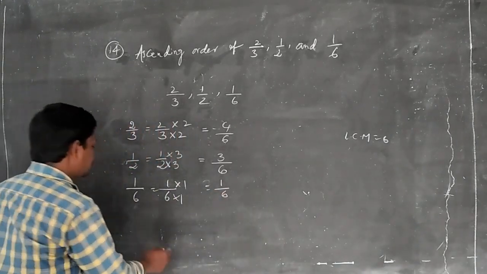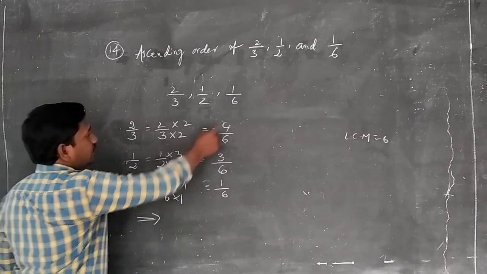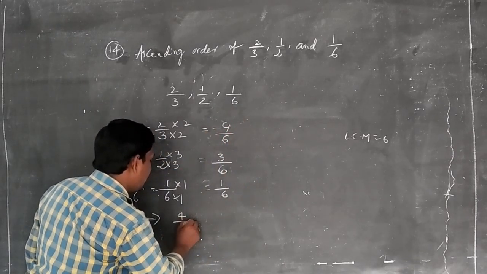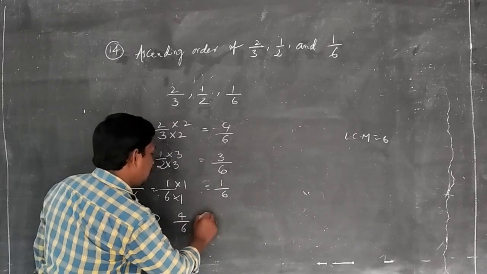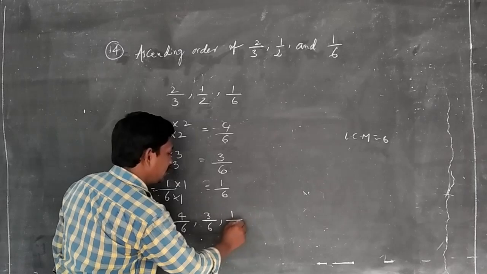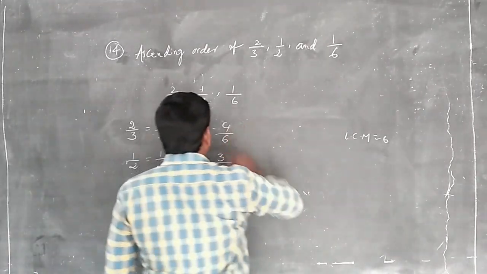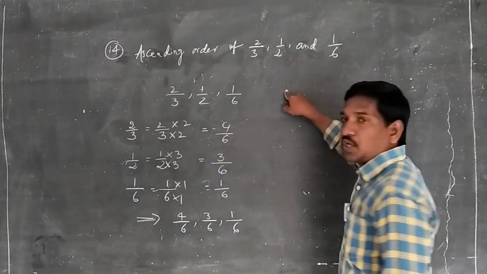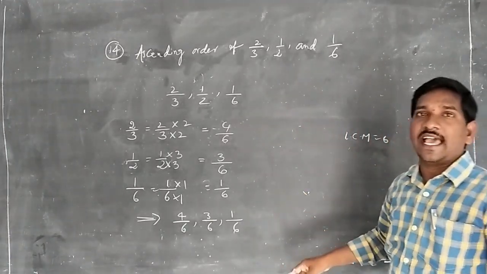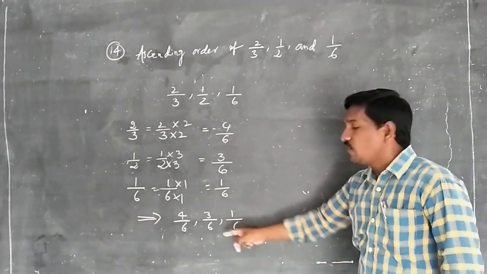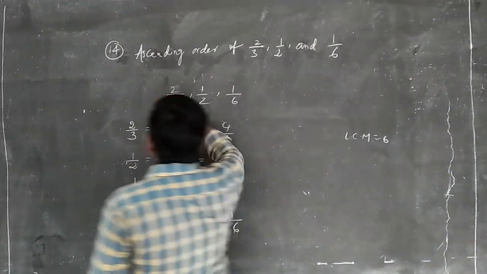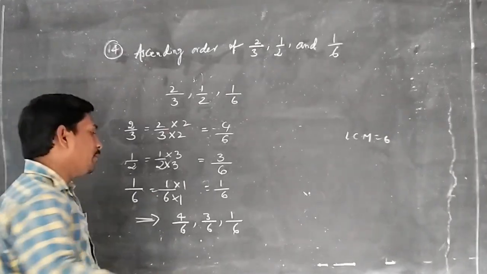Now write the obtained fractions: 4 by 6, comma 3 by 6, comma 1 by 6. Just observe all the fractions. The given fractions are converted into like fractions. Like fractions means fractions that have equal denominators. Okay, now ascending order means small to big.